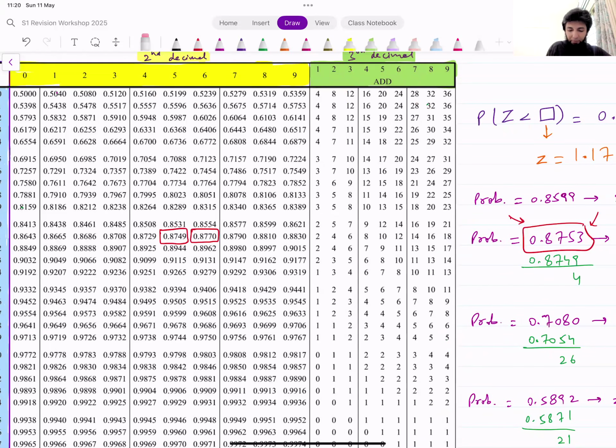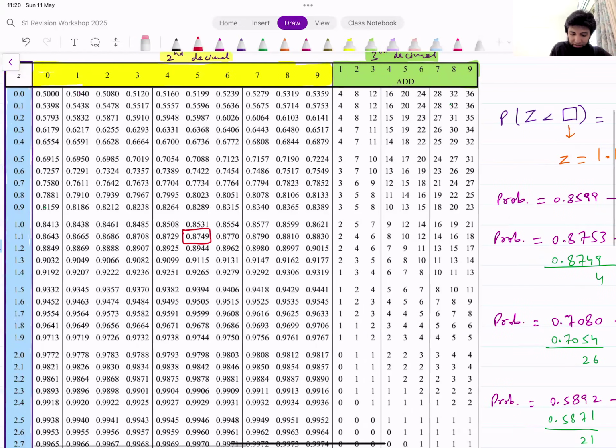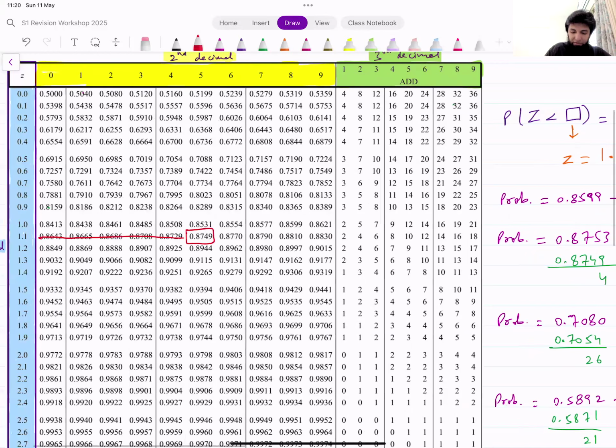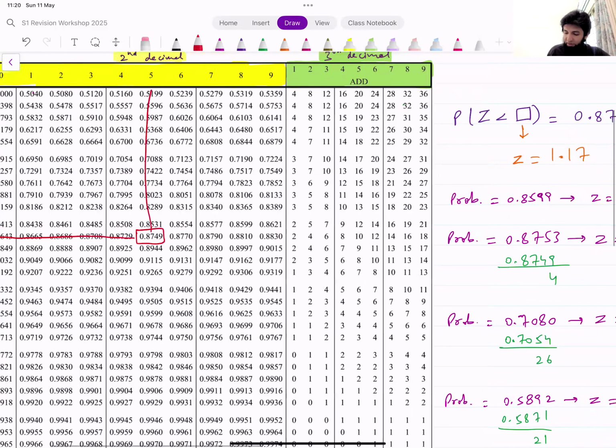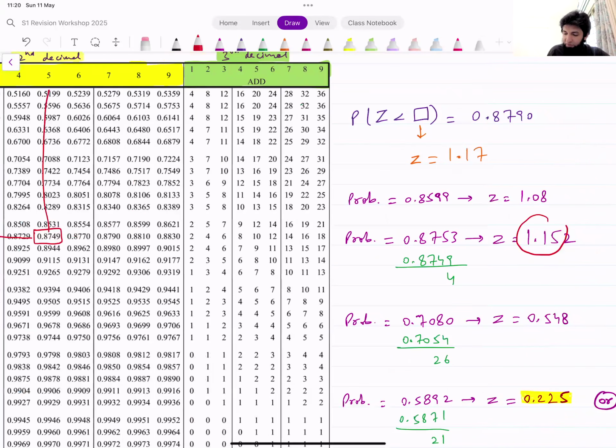What you do is you consider the probability value in the table that's immediately smaller than 8753. What's the closest value that's less than this? That's 0.8749. You select this from here. The z value corresponding to that is 1.15, and that's what you write down first.